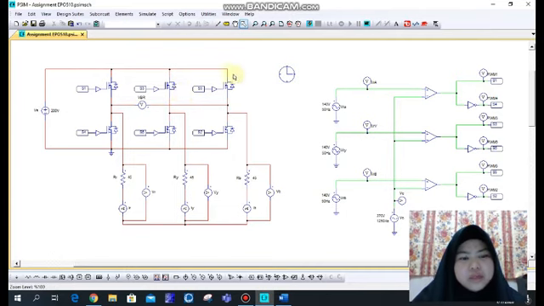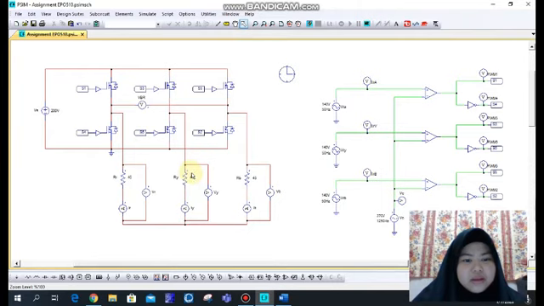The question wants us to use the MOSFET as the switch, and this circuit only uses R load, which is 45 ohm. And now I want to go through question C.